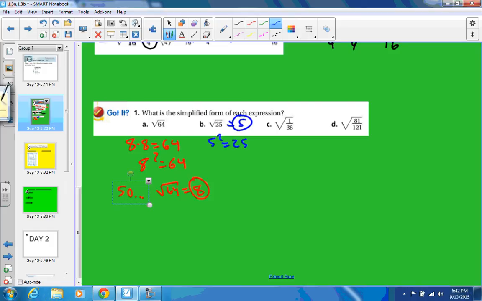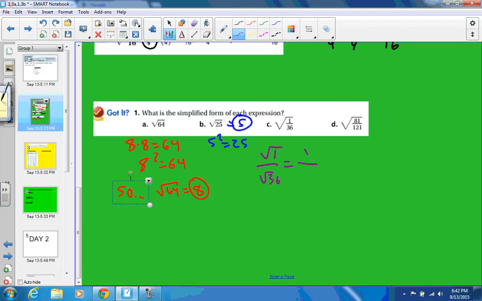All right, this one is a little bit trickier because it's a fraction, but it kind of boils down to what times what would get you to 1 and what times what would get you to 36. So really with fractions, you're just doing 2 square roots in 1. So we can actually break it down like that. Instead of doing the square root of 1 over 36, you can say it's the square root of 1 over the square root of 36. And hopefully you know those. 1 times 1 gets you to 1.